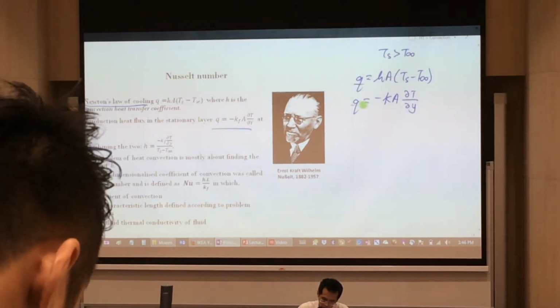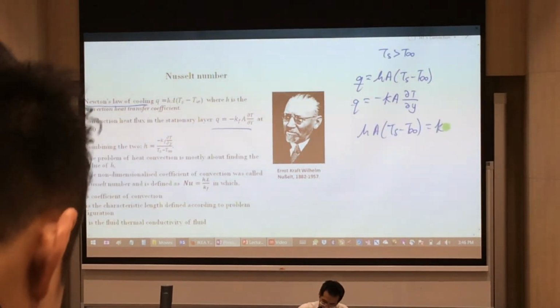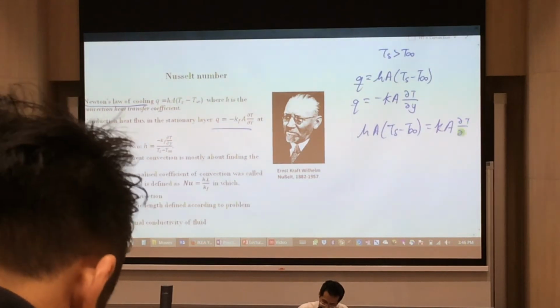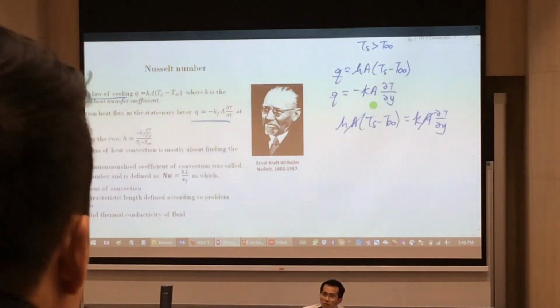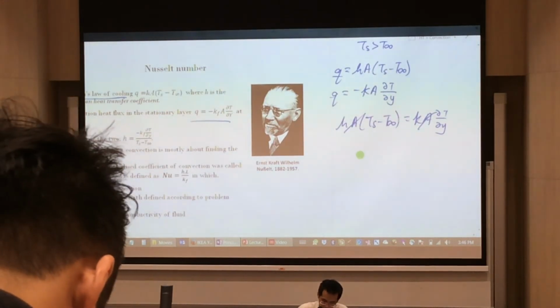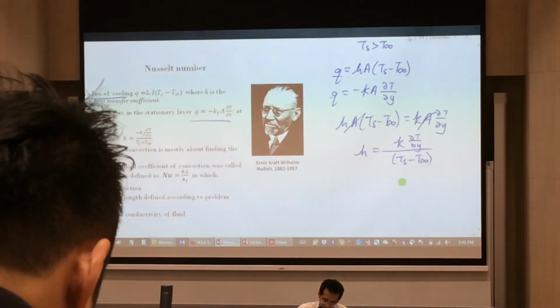So these two Q are equal to each other, so I can equate them. KA del T del Y. So A and A, they are common, so they will cancel off. And I can express H equal to K del T del Y divided by Ts minus T infinity.